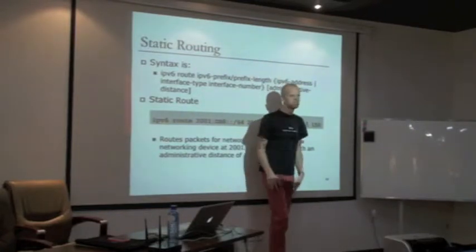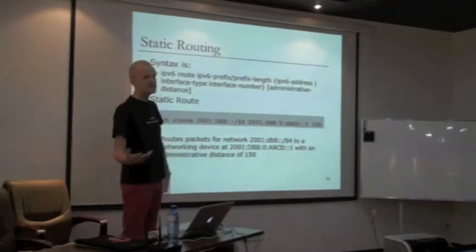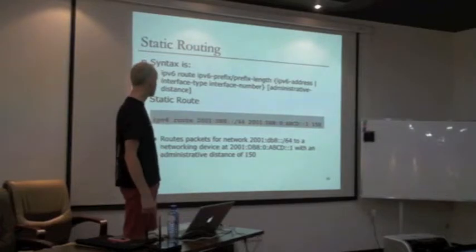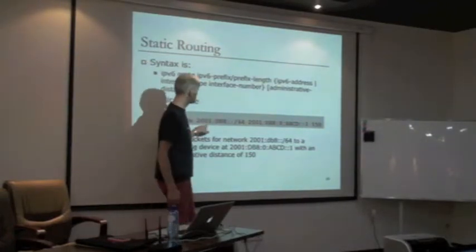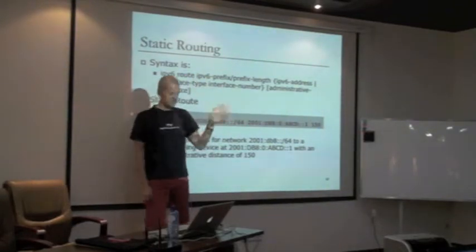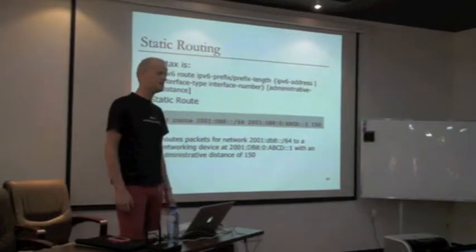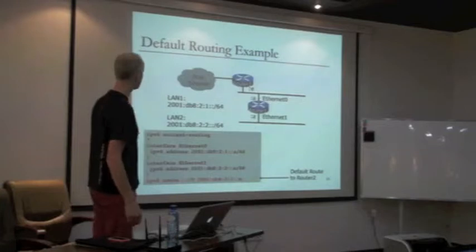I just made it 150 as an example. So that's a static route in V6. It looks like the same thing in V4. The nice thing is we can do the slash notation here, prefix notation, rather than writing out 255.255 and so on, as we did in V4. So that's easy. What about the default route?